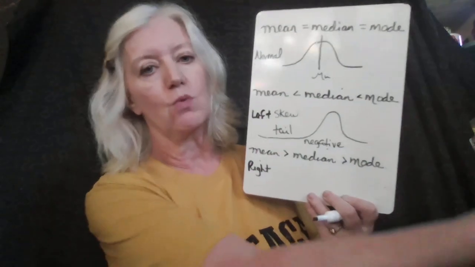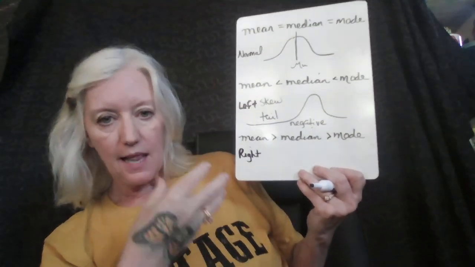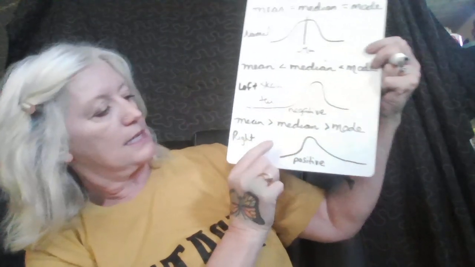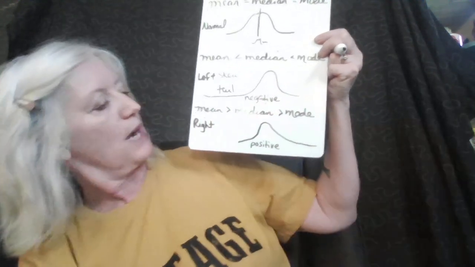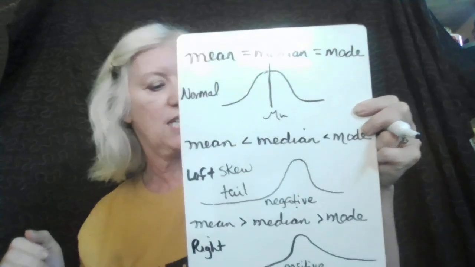It's going to be pulled to the right because it's no longer going to be in the 70s. That high 93 is going to pull your average this way. So now your tail is going to be on the right. And this is going to be called a positive skew. And now your mean is going to be greater than your median. Your mean is pulling it to the right, that one high score. Okay, so that is what is called skew.